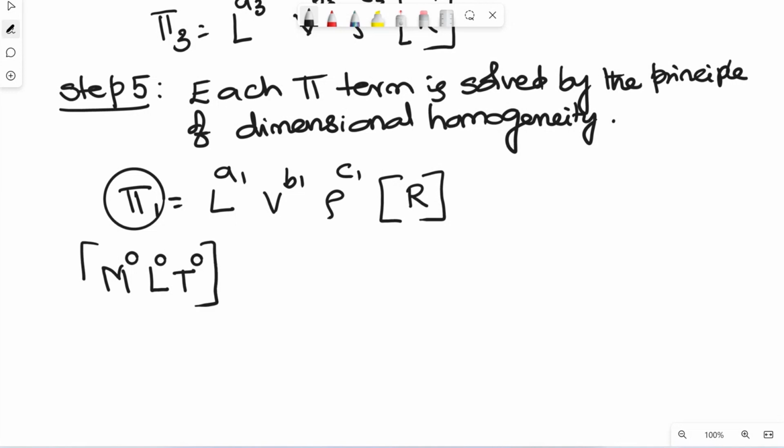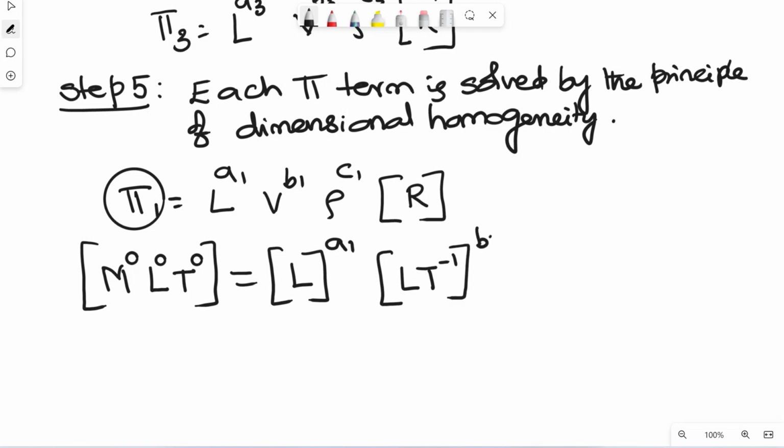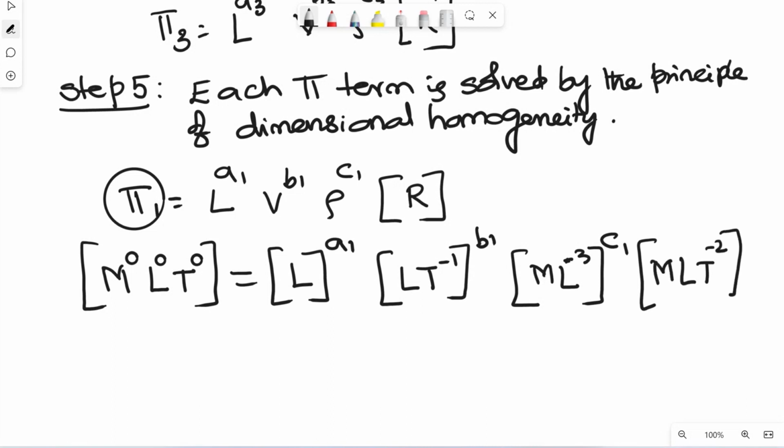So this is the left hand side. The L dimension we know: L to the power of A1. Velocity is LT^-1, to the power of B1. Then rho is ML^-3, whole to the power of C1. And the force is MLT^-2.